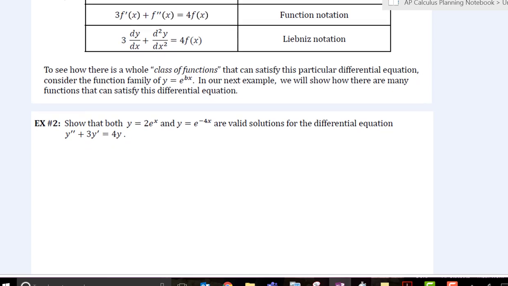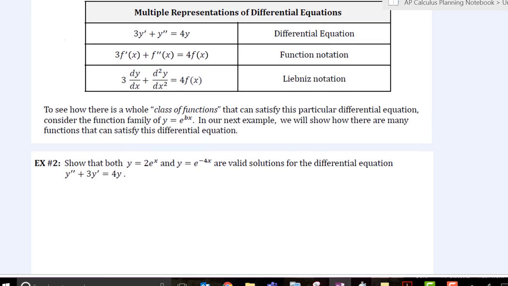Okay, let's look at this first example. What differential equations do is look at different parts of rates of change. So if we see a first rate of change and a second rate of change that satisfy this equation, that's what we're showing in all these different examples.